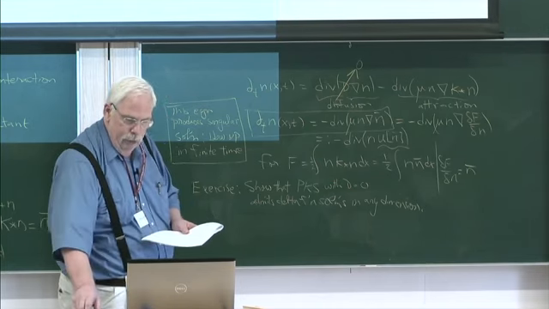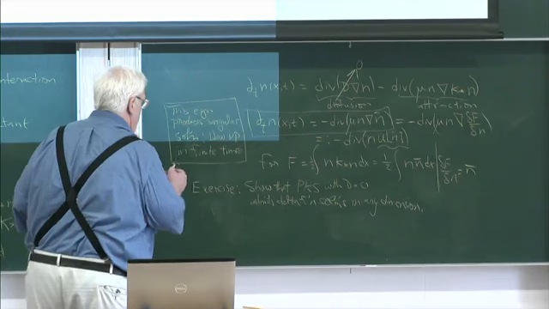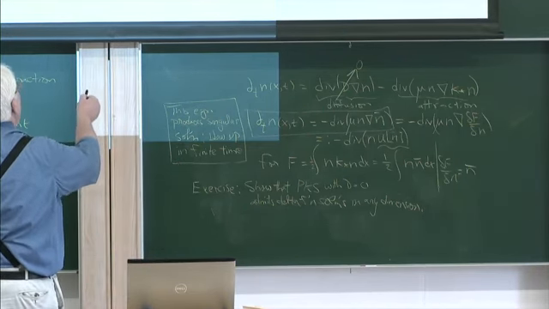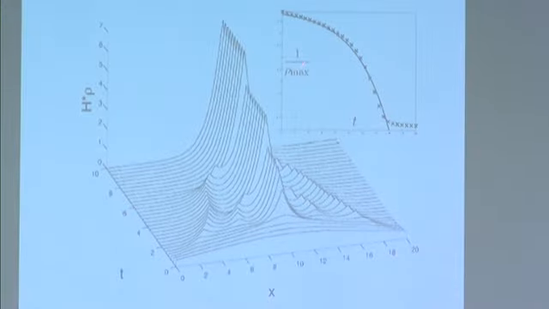What you see here on this graph in the inset is 1 over the maximum value of rho in the domain as a function of time. Here it's small, and there it's big, and so 1 over that is big and then small.